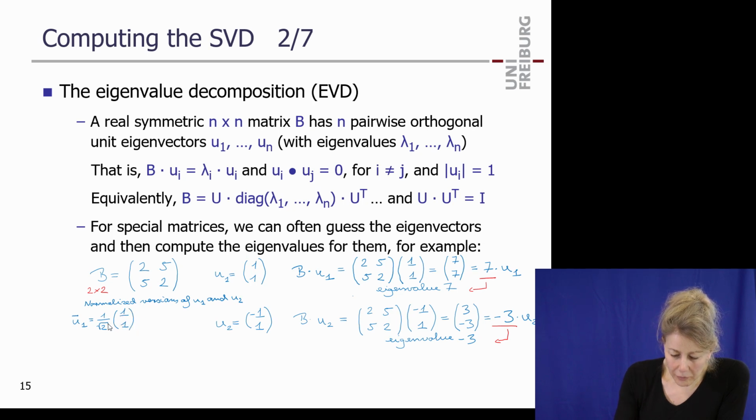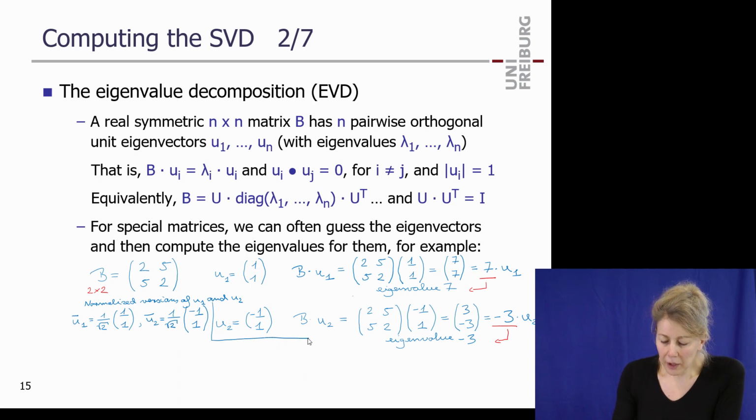And 1 over square root of 2 squared is 1 over 2 plus 1 over 2, which is 1. If I do it for u2, it's the same but just with a minus sign: 1 over square root of 2 times (minus 1, 1).